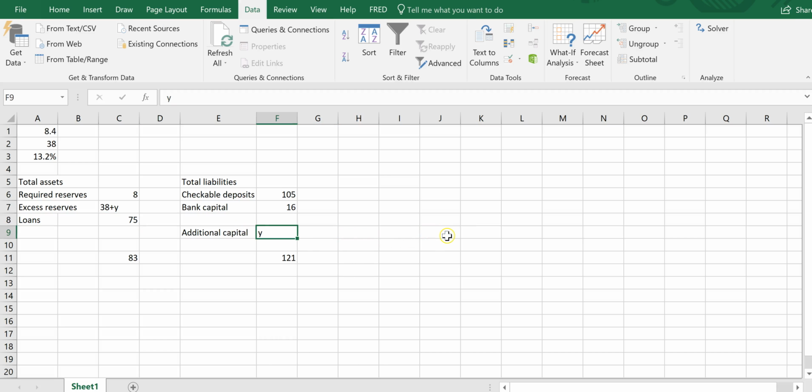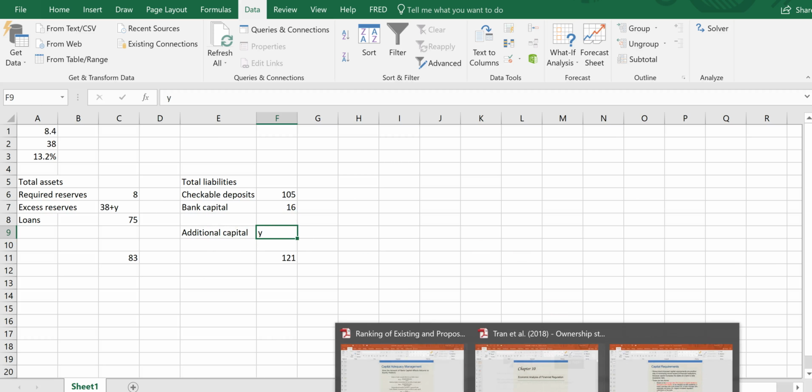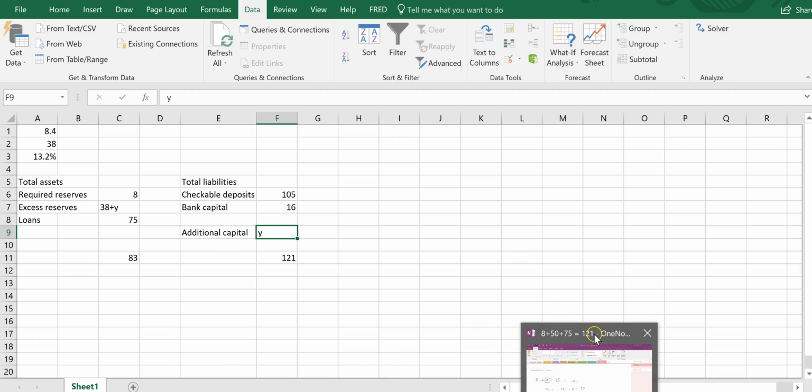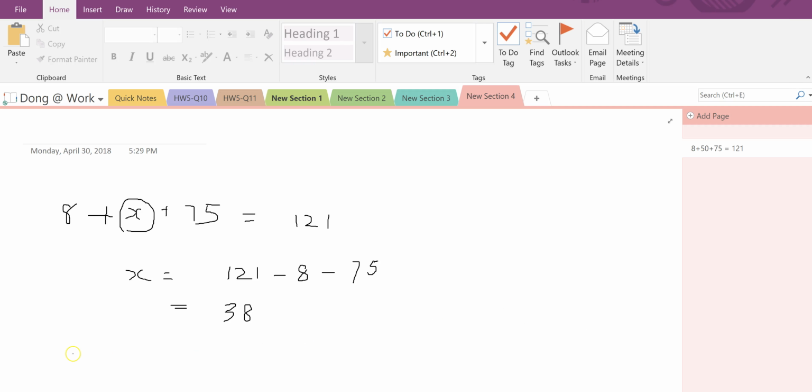Based on the information, now we can set up the equation, because with this additional capital, the new level of capital is 16 plus y, right? So that's the new level of capital. The equation will be new capital, which is 16 plus y.